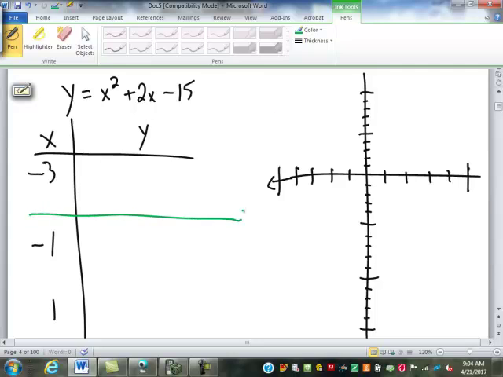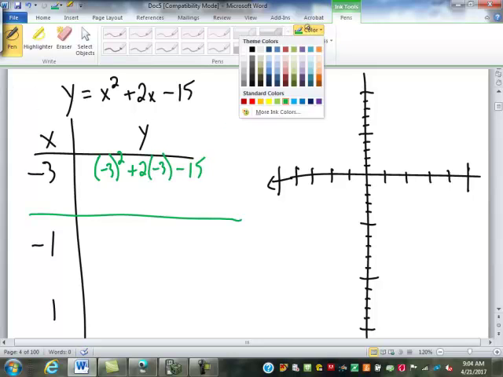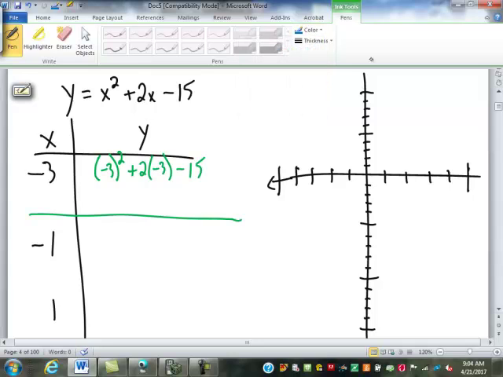So if x is -3, y is found by putting -3 in for x. So x squared becomes -3 squared, plus 2 times x becomes 2 times -3, minus 15. Now, again, be very careful when you put this in your calculator because a negative number squared better be positive.